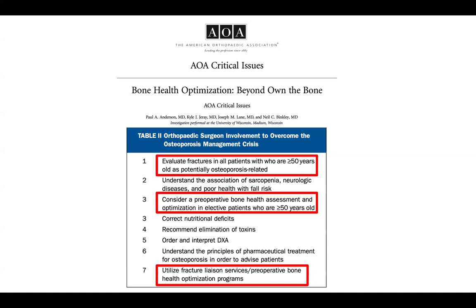But I don't know if that's really working. There's so much pushback from patients when I talk about bisphosphonates to them. It's almost not worth talking to them. I do, but they really push back because they're worried about all the side effects. My usual comment is, well, the side effect of not taking these is another fracture and another surgery. They sort of get it, but I feel like we have to do more, and I don't know what that is.